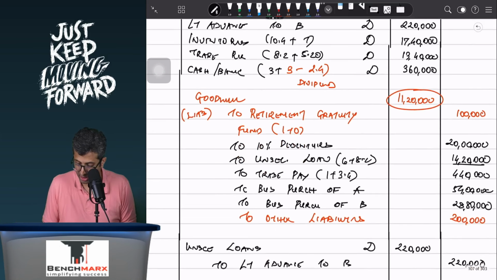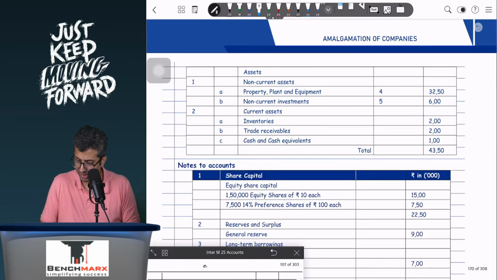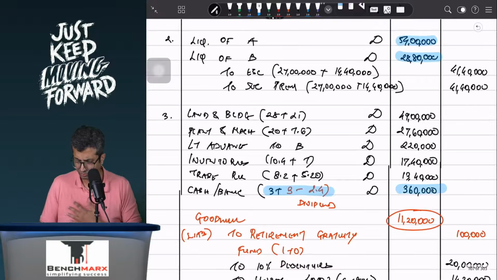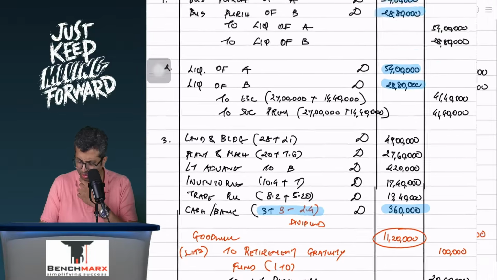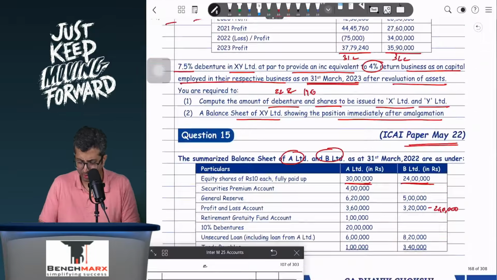So over here there are other liabilities of 2 lakhs which will be separately added, and there would be a balancing figure which will go against combined goodwill or combined capital reserve. Further, cash, as we said, would have been 3 plus 3 minus 2.4, so this is going to be 3,60,000.